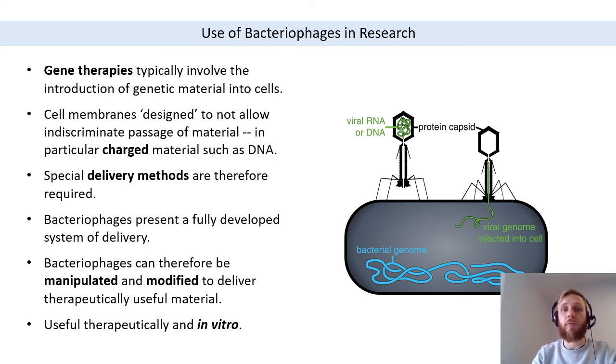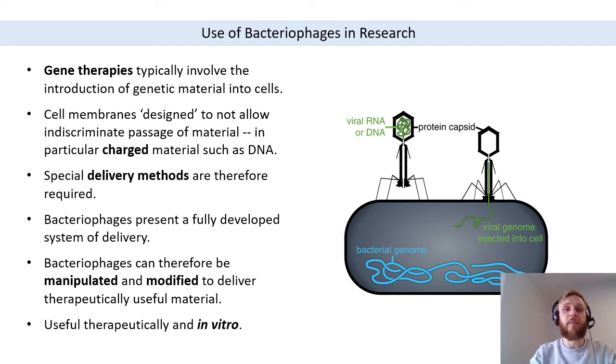Furthermore, as you should know from our discussion of the lysogenic life cycle, bacteriophages have the ability to introduce genetic material into cells in such a way that this genetic material is stably integrated into the cell genome.